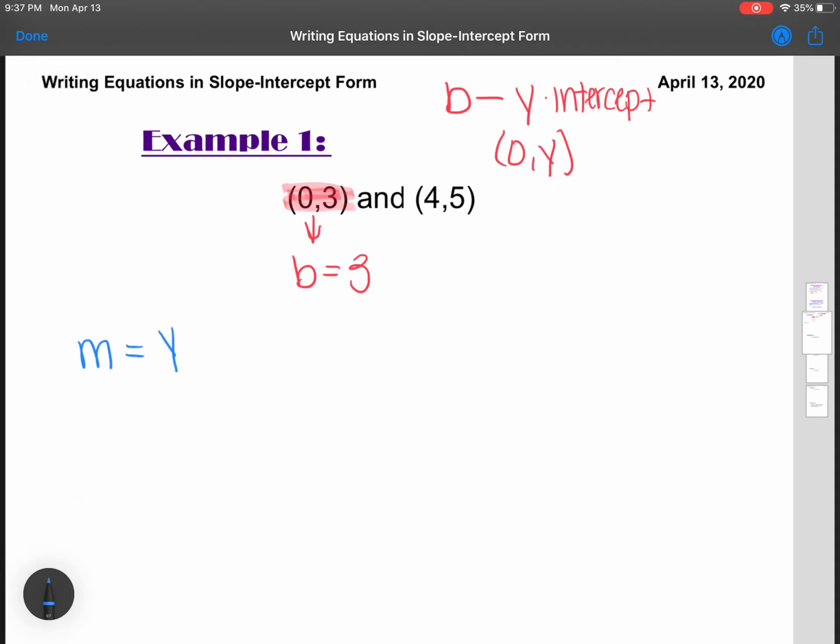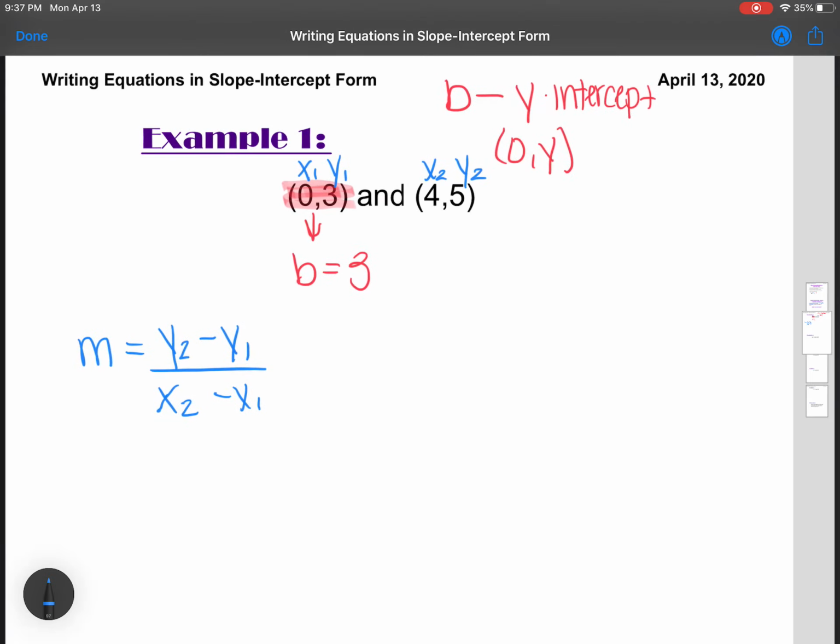Now I have to solve for my m. M equals y2 minus y1 over x2 minus x1. So now I'm just going to label my points, x1, y1, x2, y2, and again, remember, it doesn't matter which point you use first. I always just do the one on the left as x1, y1.